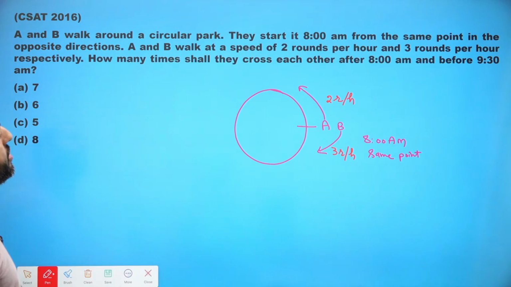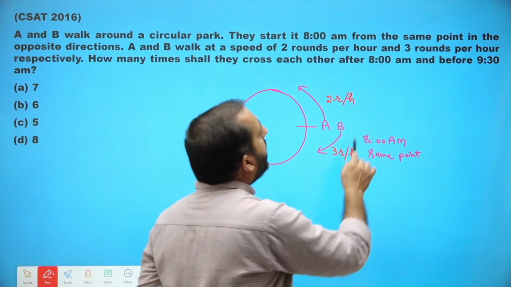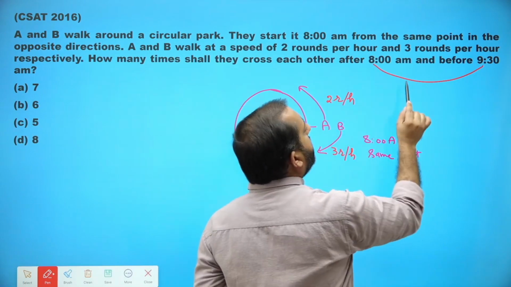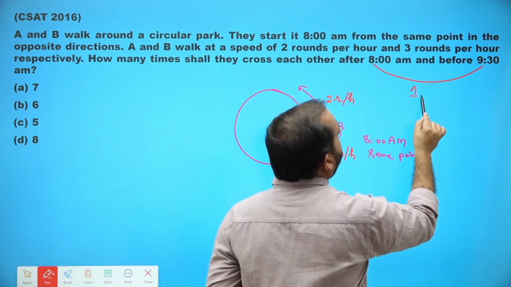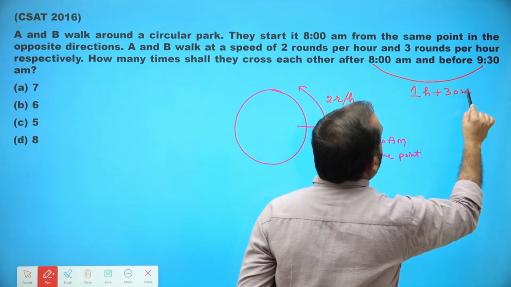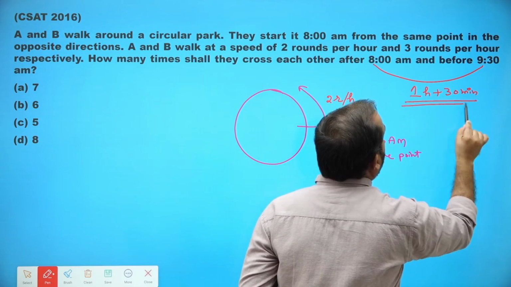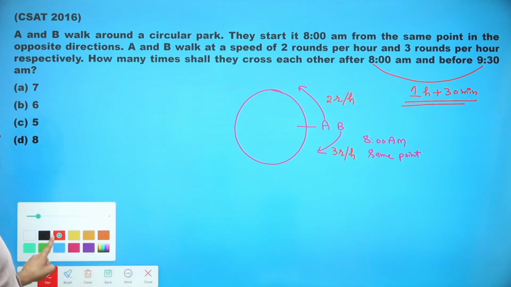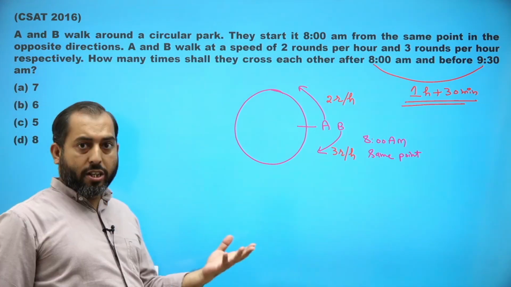How many times shall they cross each other from 8 a.m. to 9:30 a.m.? 8 a.m. to 9:30 a.m. is a duration of 1 hour plus 30 minutes. Now both are moving in the opposite direction, right?